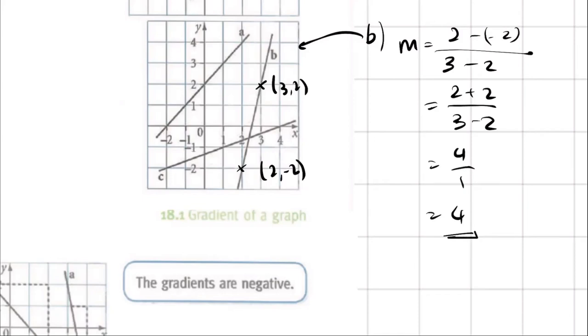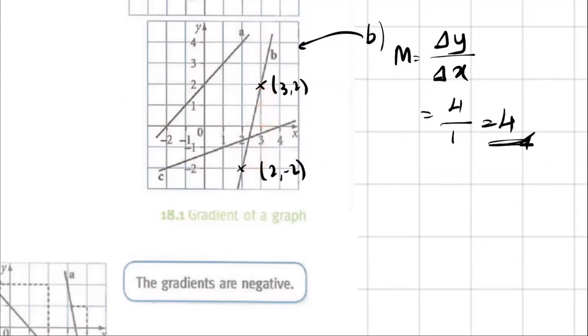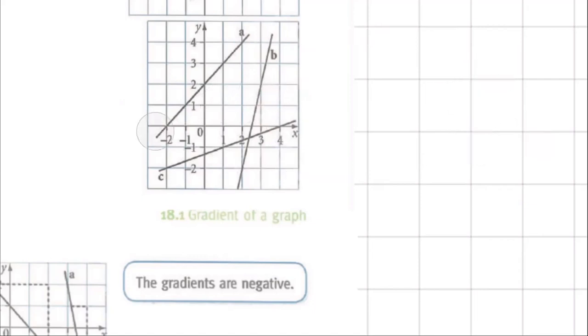Done. If you want to use the triangle method, sure, why not? Let's try again. m is equals to change in y over change in x. 1, 2, 3, 4. Okay, if you're confident to use the triangle method, then you can do everything very, very fast.